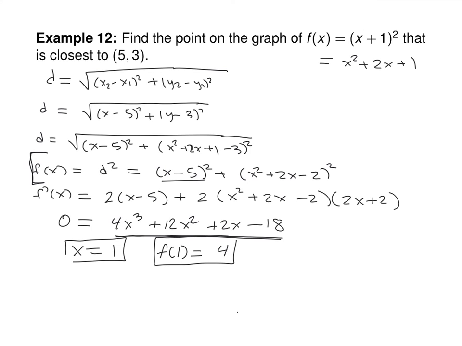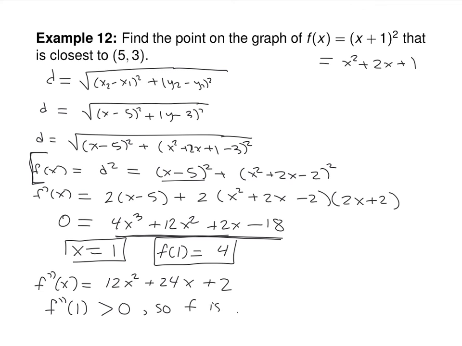And then to verify that it's closest, you'd look at the second derivative, which is 12x squared plus 24x plus 2. And when you plug in 1, you get some positive number.